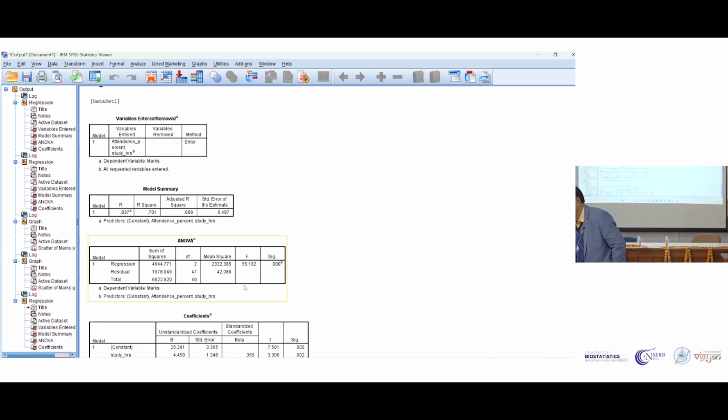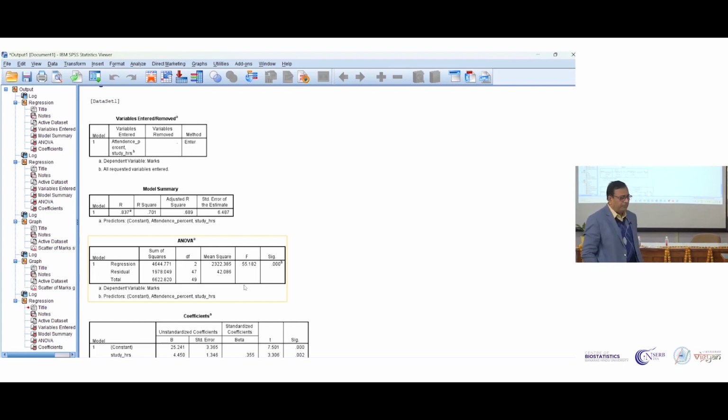The model standard error is 6.49. Model is significant, statistically significant. फिर आप वो सारी बातों लिखोगे, f is equal to this one, df like that. Okay?